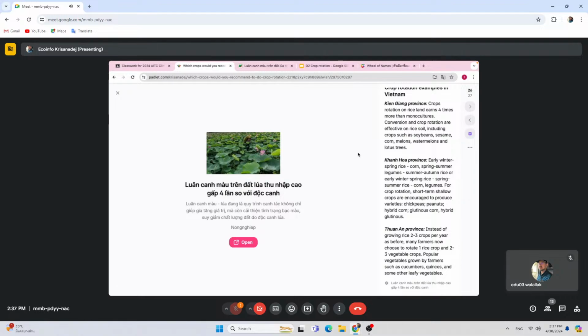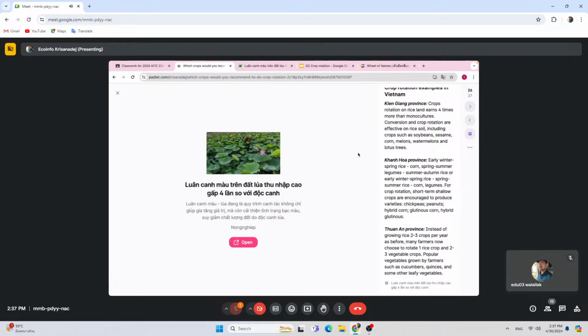And for crop rotation in short-term periods, it can be chickpeas, peanuts, corn, and then hybrid peanuts.